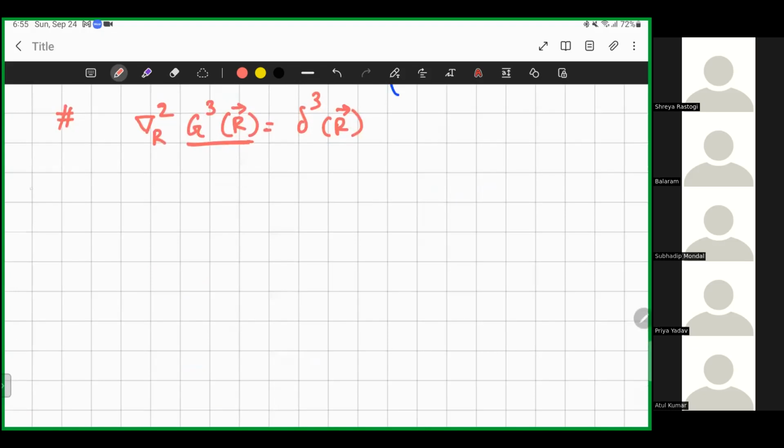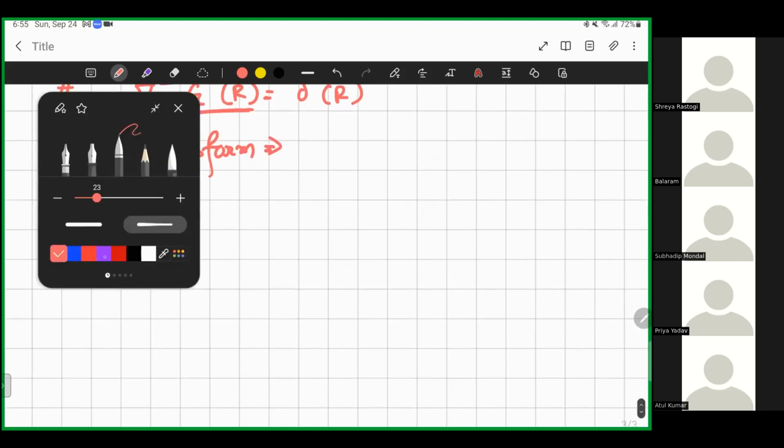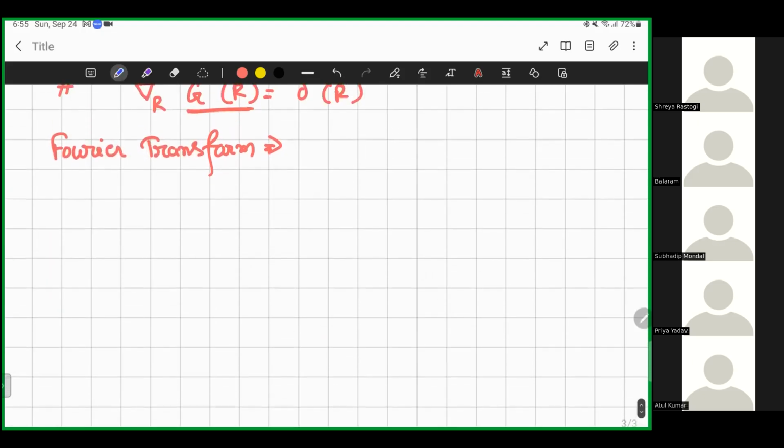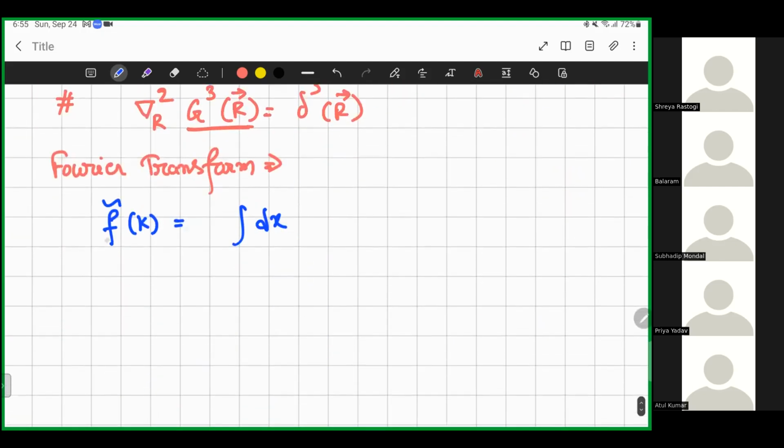Now we'll use the Fourier transform. Let me write the general form of the Fourier transform. We are very much aware of this thing, though we are writing it. In real space, take any function, with a different notation, let's say h.